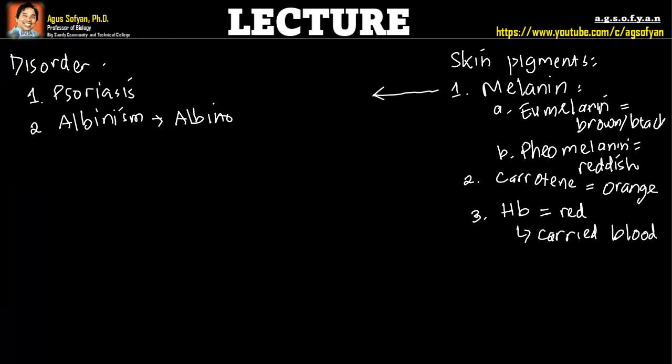So blood circulation will also affect our skin color. For example, in a damaged area, the color of the skin will be more red.